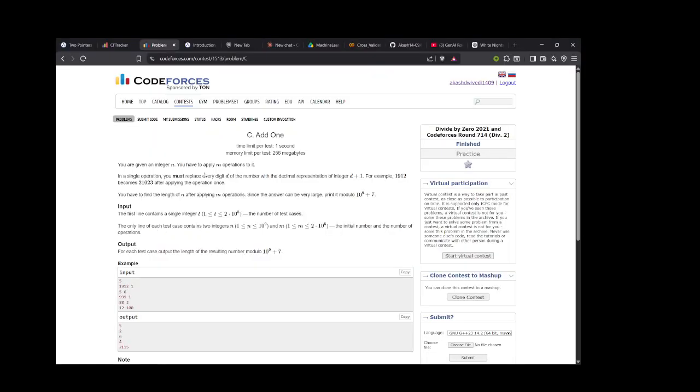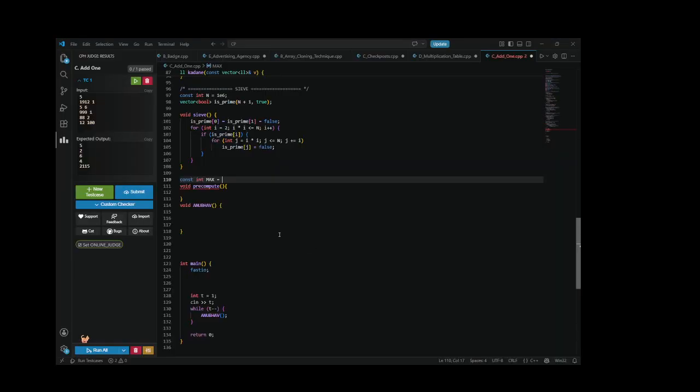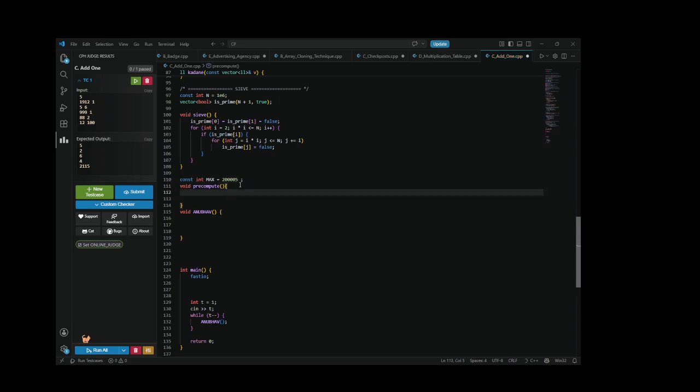How much would the value be? m is 2 to the power 5, so we need to take something greater than 2 to the power 5. 2 to the power 5 means 1, 2, 3, 4, 5. Just a value greater than 2e5. So again, let's write the dp vector.